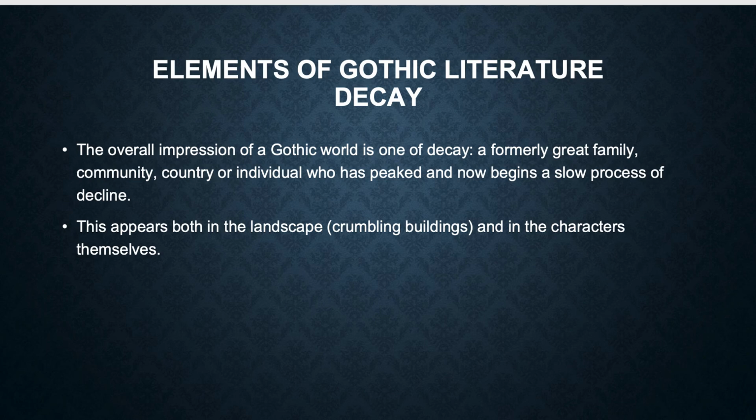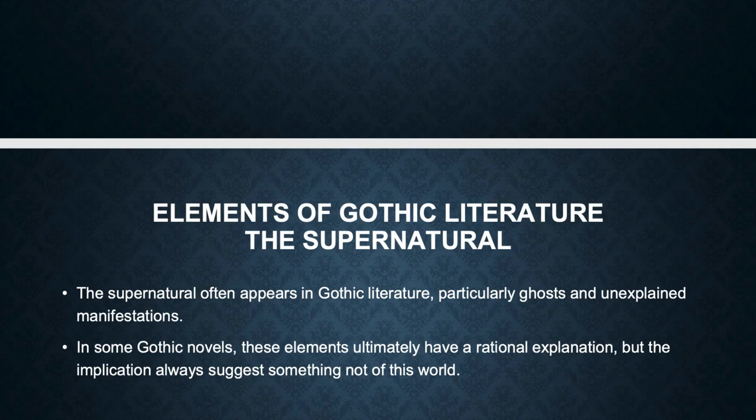And that can be mental, physical, or maybe even both at the same time. And you will see this in the landscape sometimes, like crumbling buildings, rotting trees, and in the characters themselves. So mental illness, physical illness, that kind of thing.